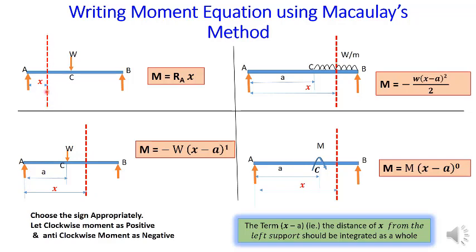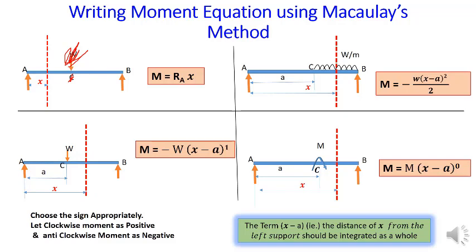In all the cases, we have considered the section. In this example, I have marked the section here just as an example. Actually, in Macaulay's method, we need to write the value at the last portion. So here assume there is no load, so you have only one portion AB.